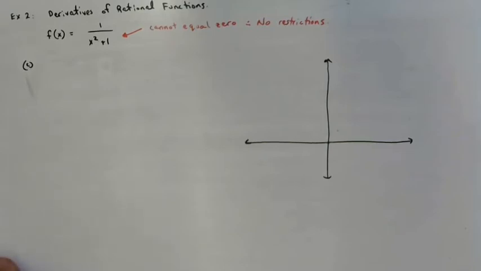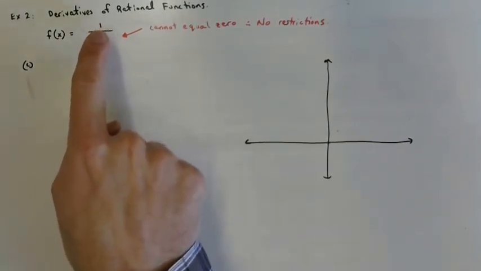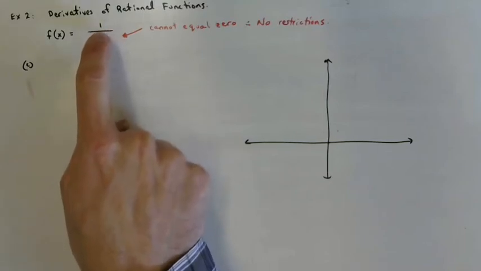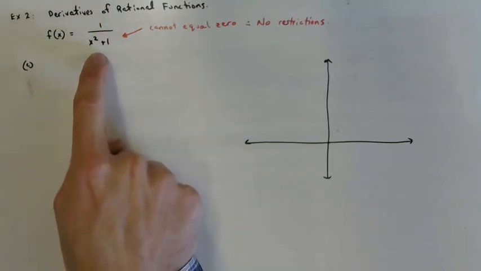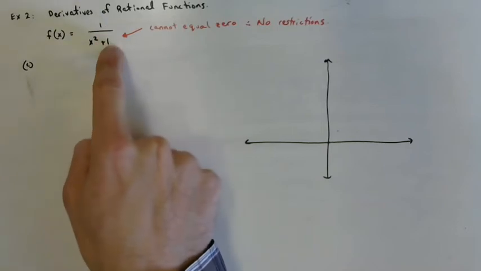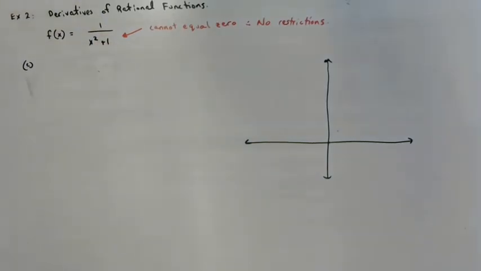We also talked about, back to this original function, the numerator is always positive and constant, and the denominator is positive for all values of x. So that means the value of this whole thing is always going to be positive over positive, which is positive, okay?